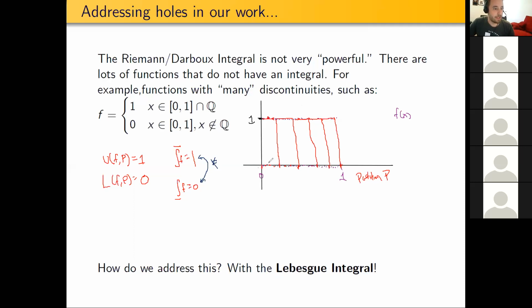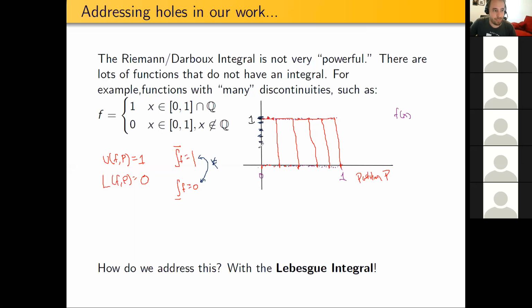Instead of breaking up a partition in the domain and then measuring the heights, which is what the Darboux integral did, and what the Riemann integral from Calc 1 did, the Lebesgue integral breaks things up along the codomain.